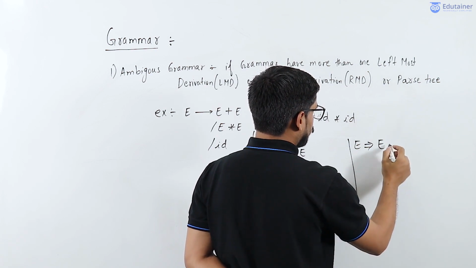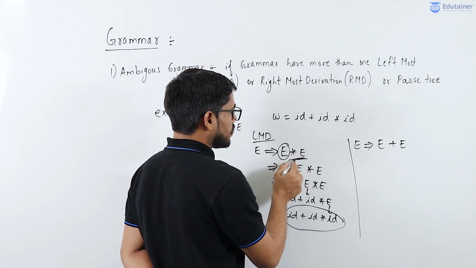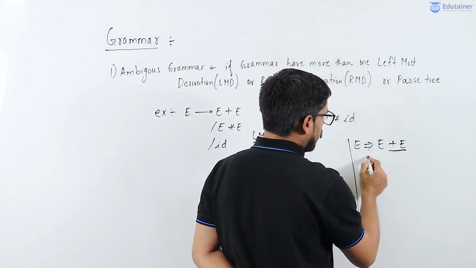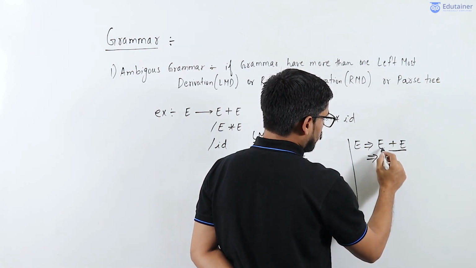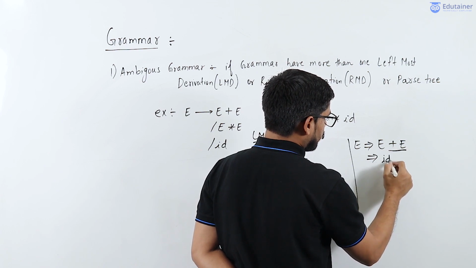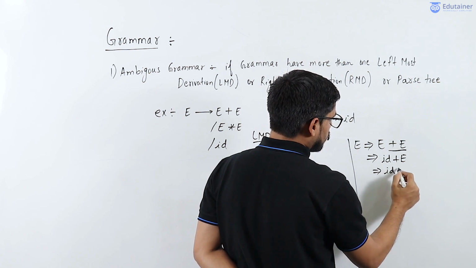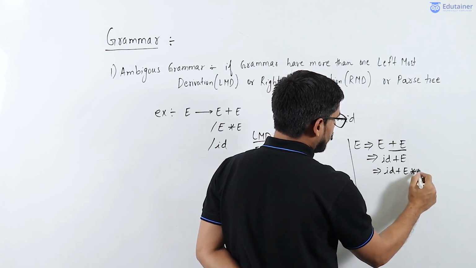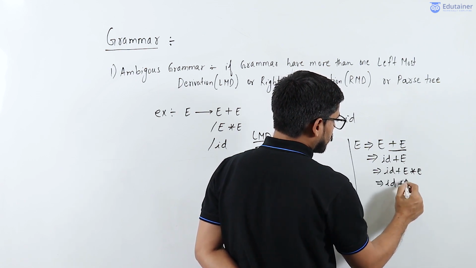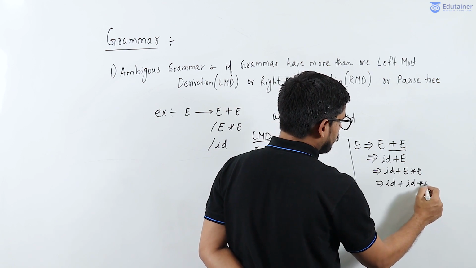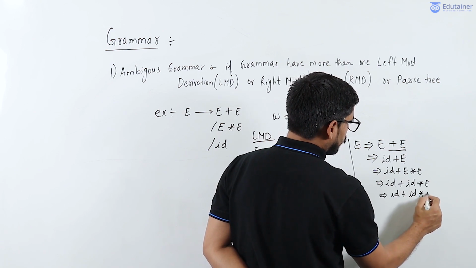I will use E plus E instead of E star E. Here I will use E star E, here I will use E plus E. And then in this particular E, I will use ID plus E. In the next step, I will use E star E in place of this E. Okay, and then ID plus ID into E, and then ID plus ID into ID.